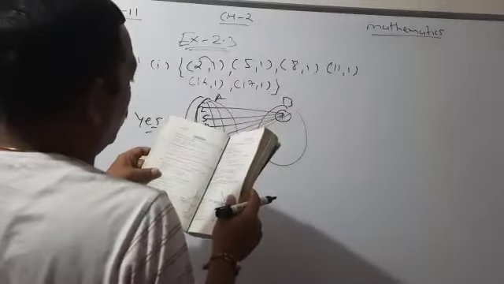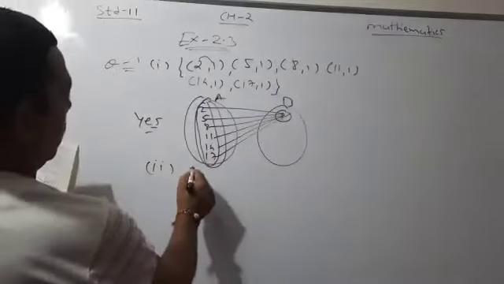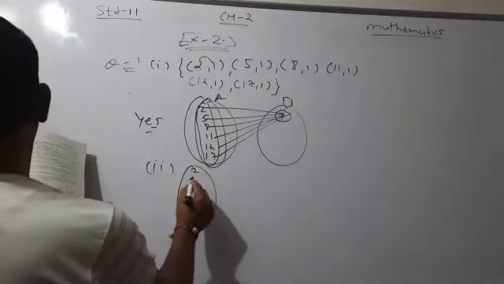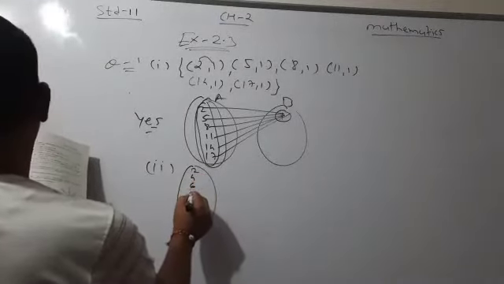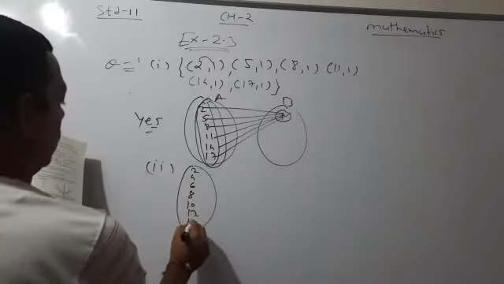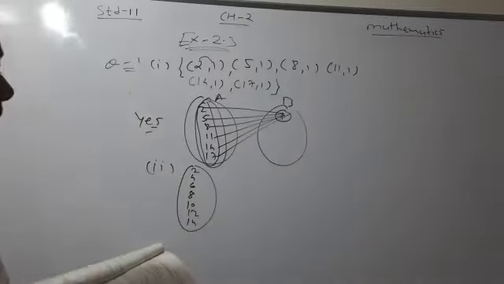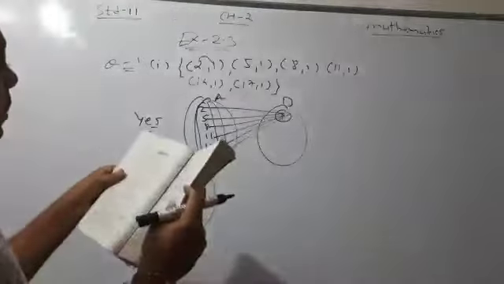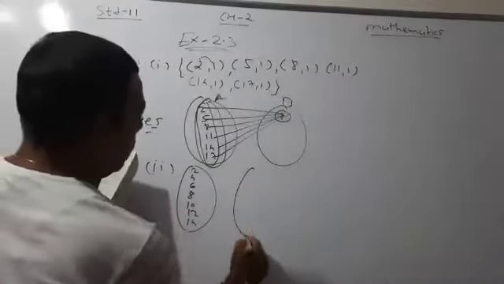Second sub question: 2 1, 4 2. See, I will directly draw the figure. 2, 4, 6, 8, 10, 12 and 14. And on this side, the other set contains 1, 2, 3, 4, 5, 6, 7.